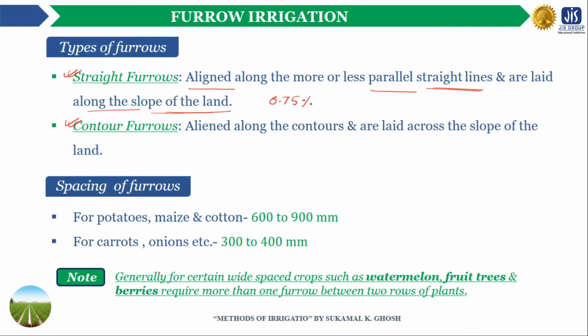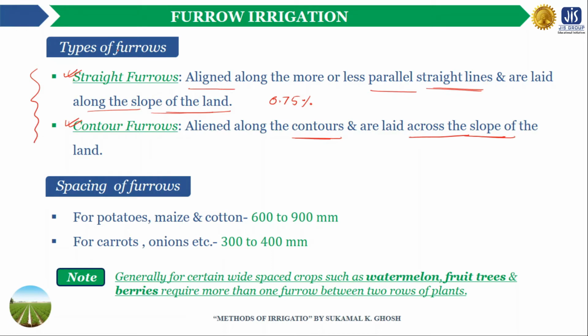The contour furrows are aligned along the contours, and hence are laid across the slope of the land. These furrows are therefore curved in plan and are usually adopted where the lands to be irrigated have relatively steeper slopes. The design criteria of both types of furrows is the same.